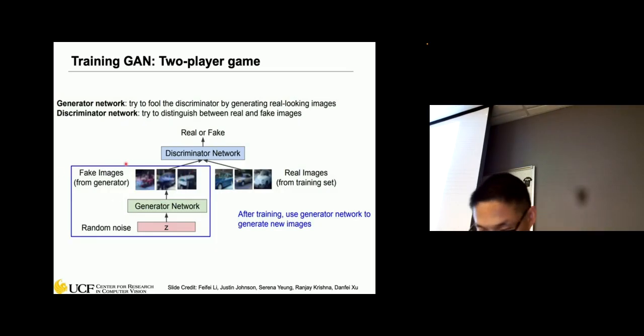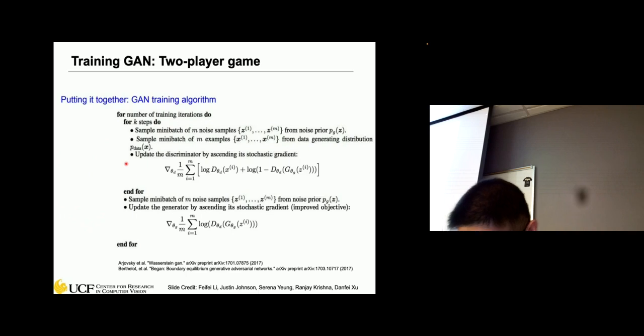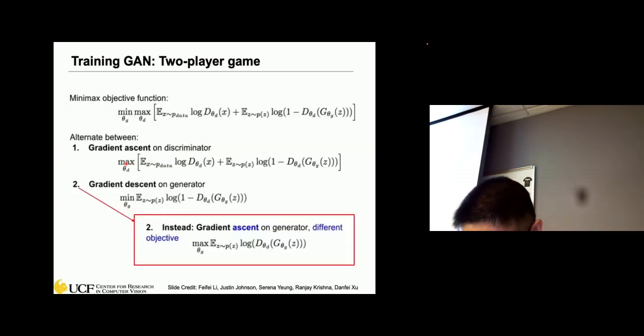Okay. Question? I have a question. Could you go over to the previous slide? So in the second one, should we update the generator by descending its stochastic gradient? It depends. Did I make a mistake here?